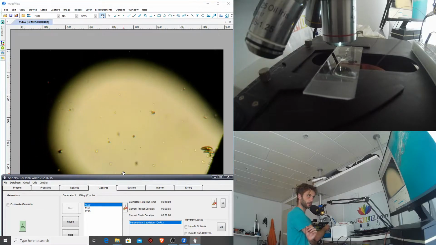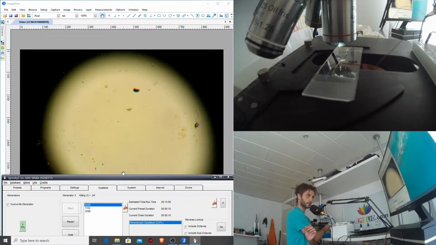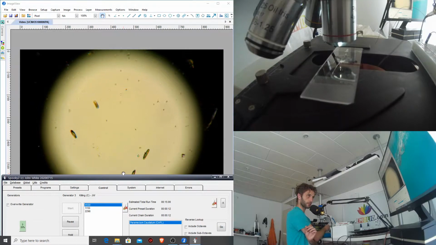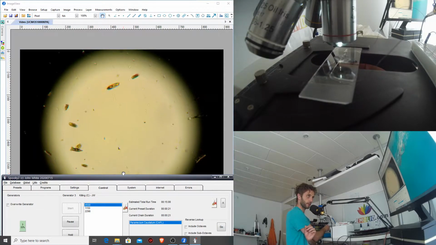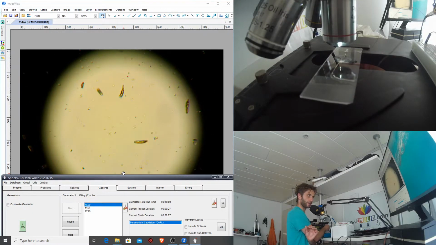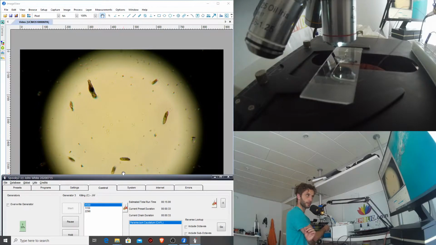Oh, this one is swimming very fast. Can't even catch him. Not anymore. So right now, again, they have that pattern of swimming left, right, but it is like they are in one place. They are not moving like without the frequency.